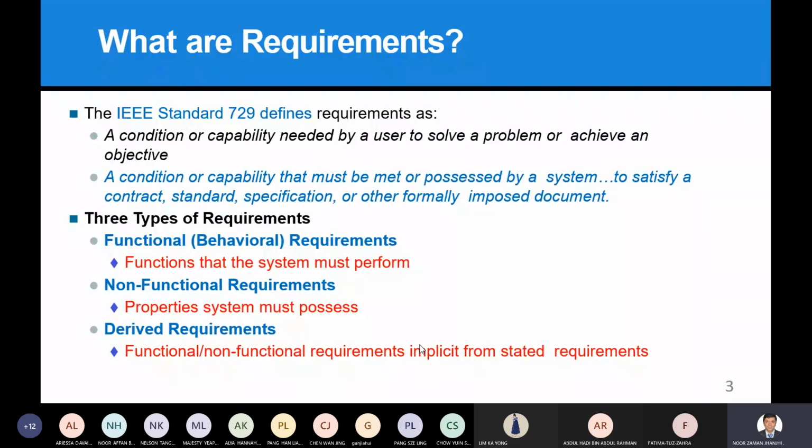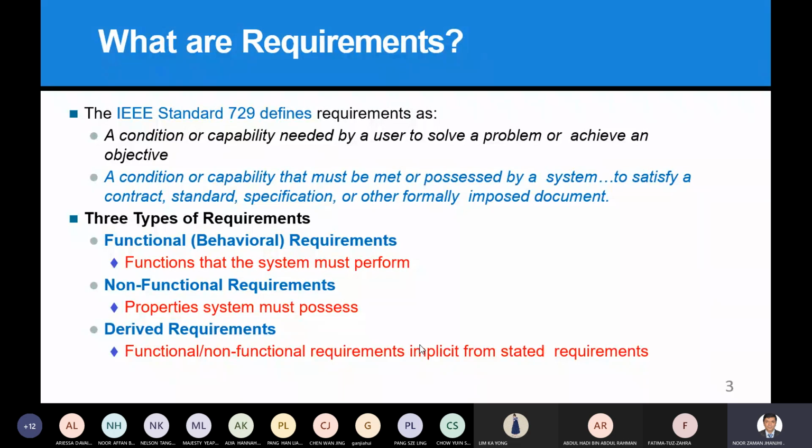When we make documentation for any software, it becomes a sort of thesis. It has the instructions and all of the requirements: functional requirements, non-functional requirements, derived requirements, a sort of manual, and other details related to the software. So it is an international standard provided by IEEE, 729 being the number.